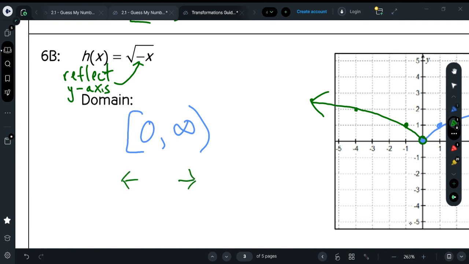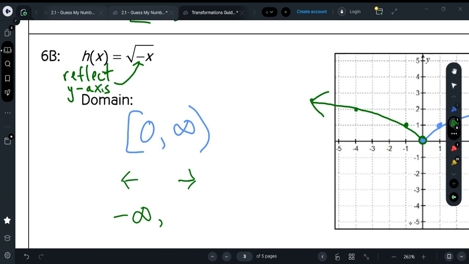Now, this graph goes forever to the left, right? That's what this arrow means. It keeps going to the left forever. That's the negative direction on the x-axis. So that's going to be negative infinity. Okay, and then the next thing we have here is how far does the graph go to the right? Well, we just saw that's the y-axis.